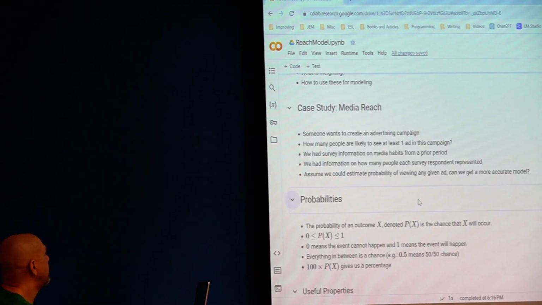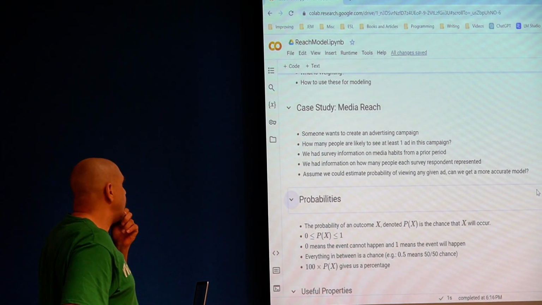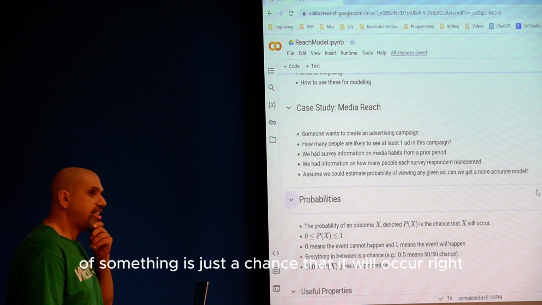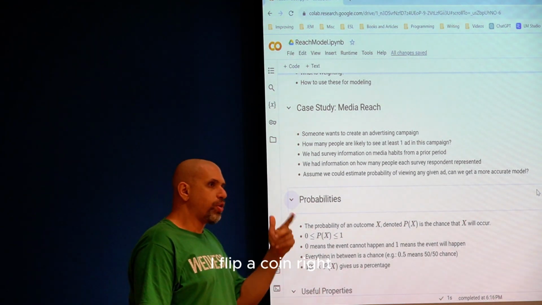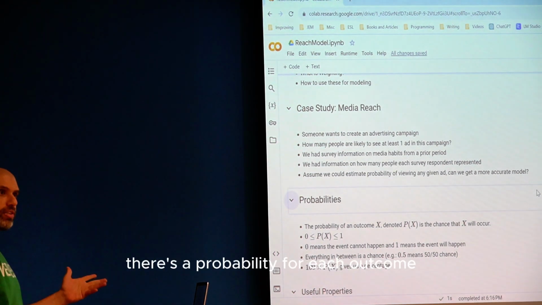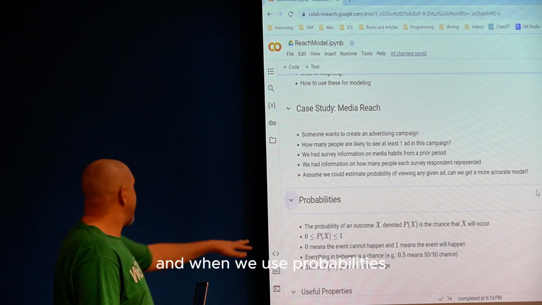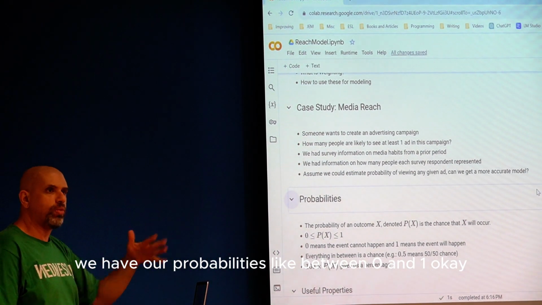Probabilities. Okay, so the probability of something is just the chance that it will occur. For example, I flip a coin. I may get heads, I may get tails. There's a probability for each outcome. And when we use probabilities, they lie between 0 and 1.